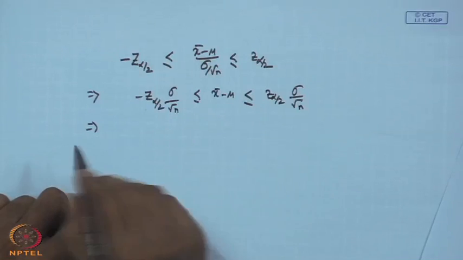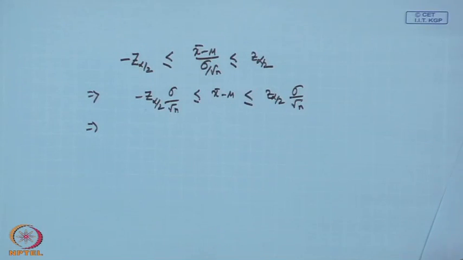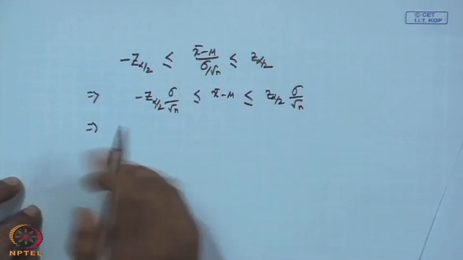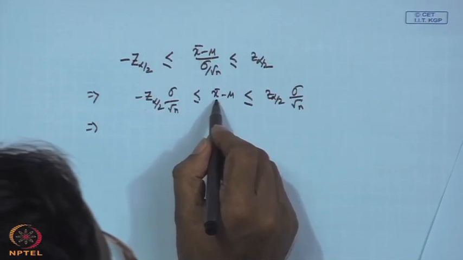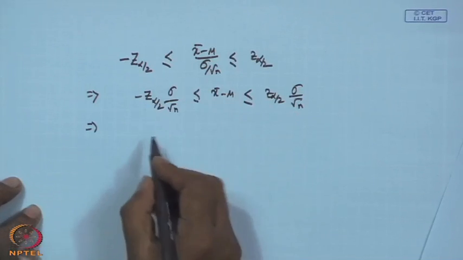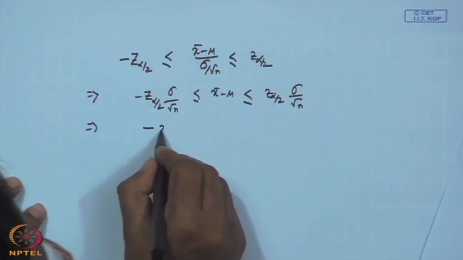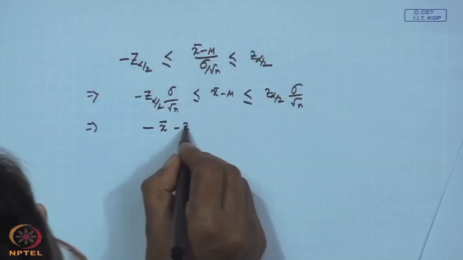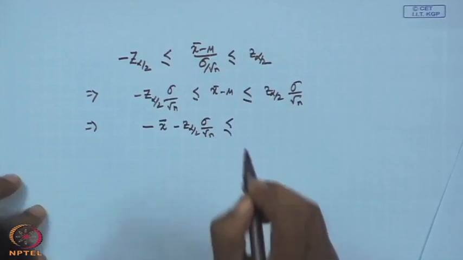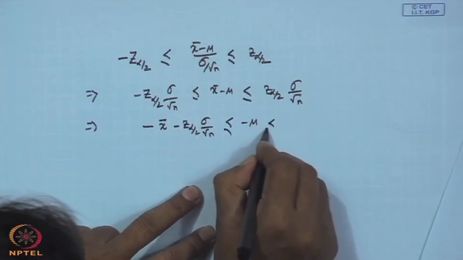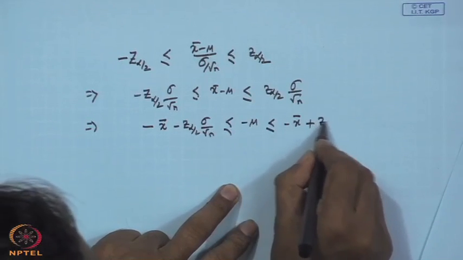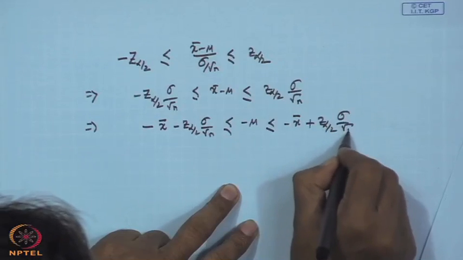Because we are looking for the confidence interval of mu, we basically separate and take x bar out from the middle portion. If I write again, I will write like this: minus x bar minus z alpha by 2 sigma by root n, less than equal to minus mu, less than equal to minus x bar plus z alpha by 2 sigma by root n.